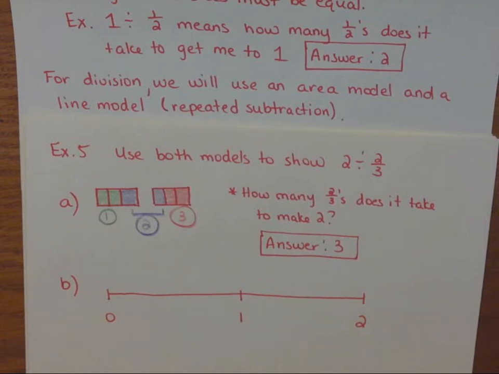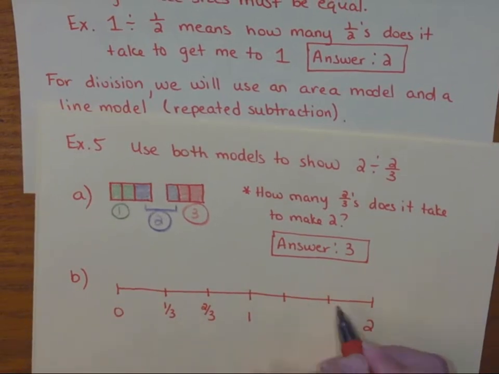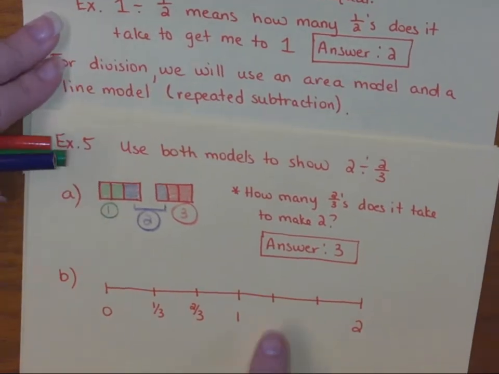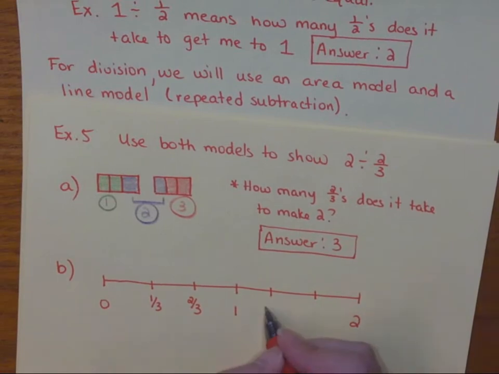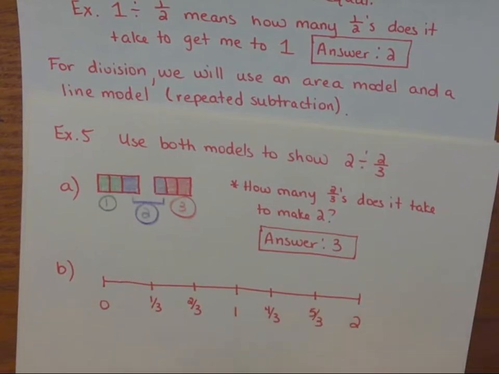How many 2/3 did it take to reach 2? But just like with the area model, we need to split the number line into sections of a third. And the reason we need to do that is because that's what we have on our sheet. So rather than saying 1 1/3, I'm going to call this 4/3. So think of it like 0 thirds, 1/3, 2 thirds, 3 thirds, 4 thirds, 5 thirds, and then that would literally be 6 thirds or 2.